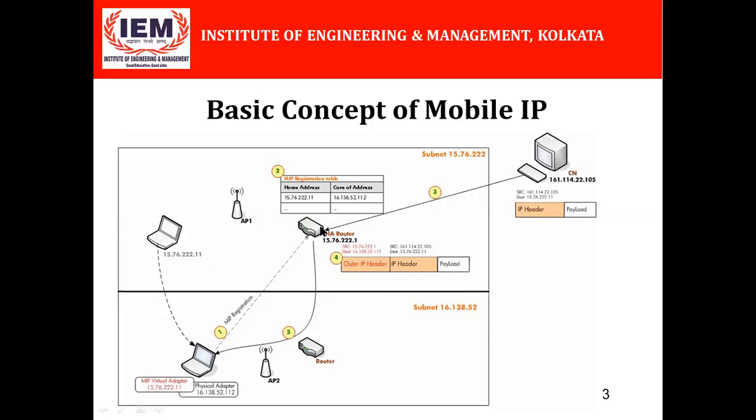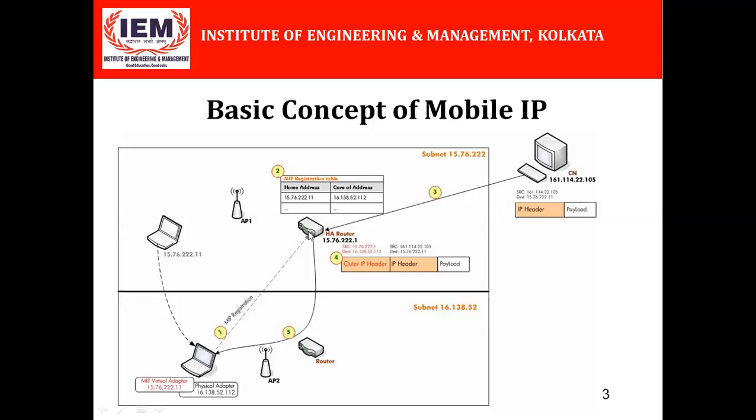That's why it will get all the information from the corresponding node, and it is very easy to forward that information from this home agent to the mobile node using this address table or address mapping. And obviously we need to add another IP header. Obviously the overhead may increase, but it is quite possible.